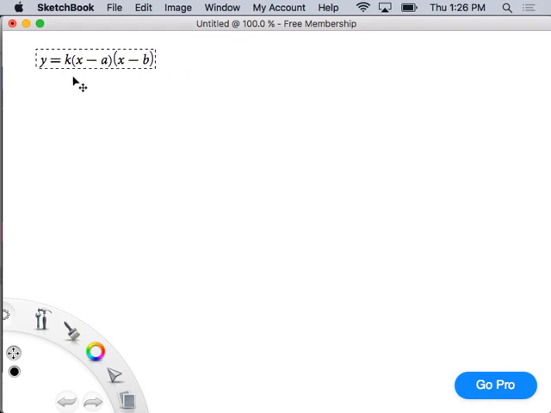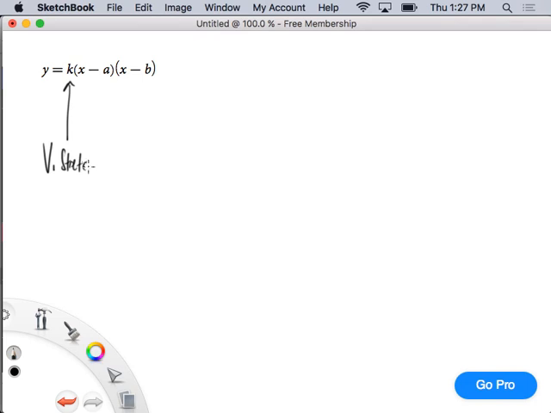So here's our factored form. And in this instance, K is our vertical stretch. And A and B are the zeros. What's another term for the zeros? X-intercepts. Good.